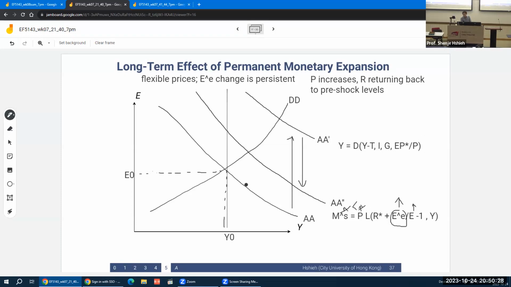It shifts back because P is flexible now, and changes as much as it changed for MS. And so those two things increase proportionally. And as a result, the only thing impacting the money market equilibrium is the change in E hat E. With that in place, UIP is still different than before. And as a result, E has to be at a higher level than before in order for UIP to be satisfied.